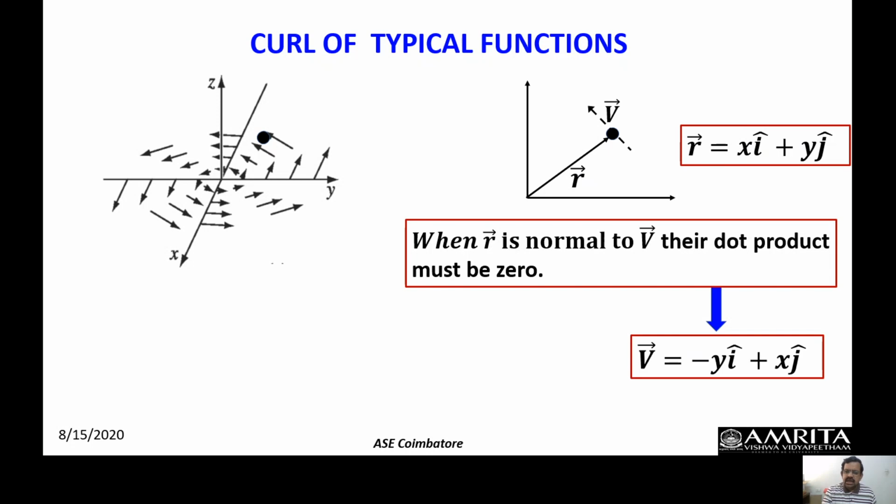I took the example of 3i plus 4j, but in general it can be x i hat plus y j hat.